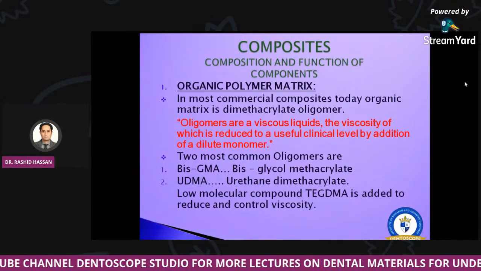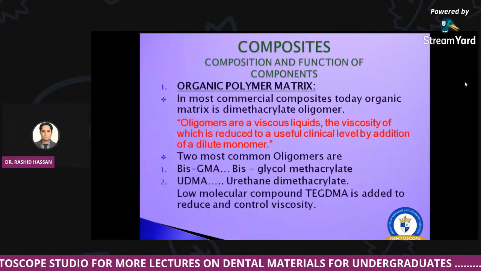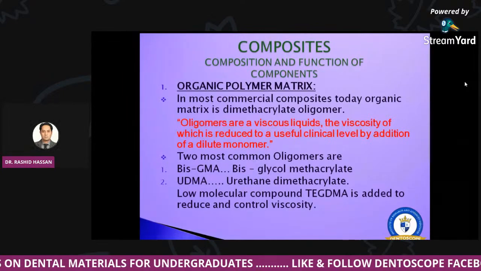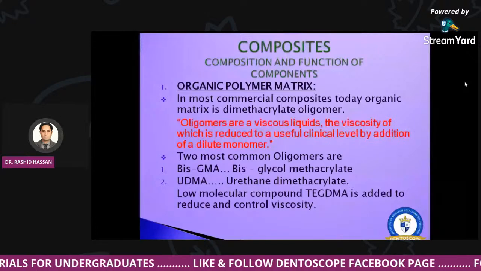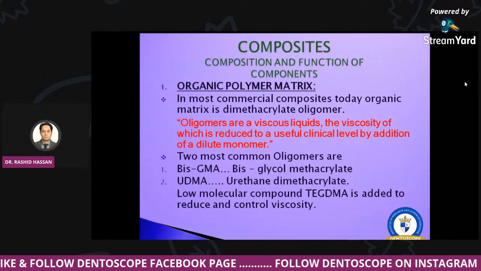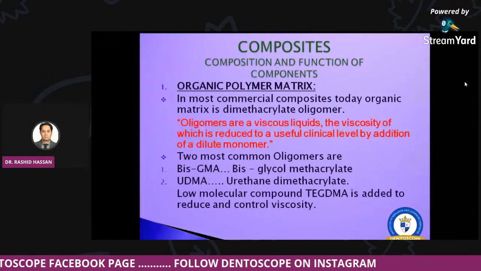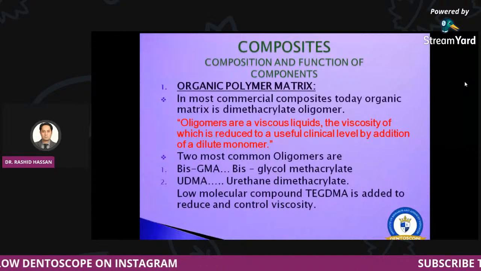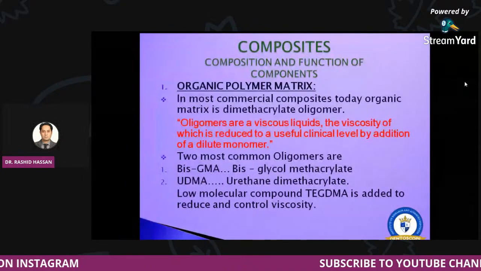An oligomer is basically a type of polymer, but the viscosity of this oligomer is so thick that it cannot serve our purpose. It is not at all helpful for cleaning or restoring the tooth. So what exactly do we do?